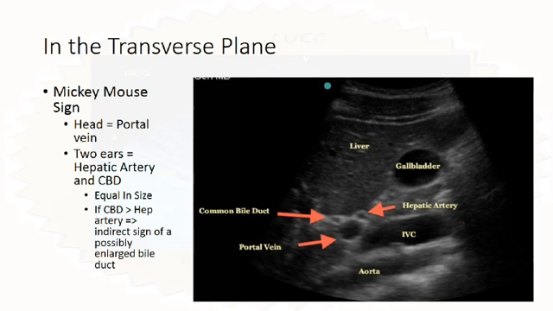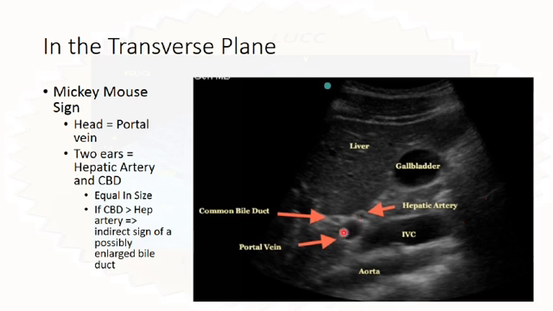Okay. Now, the same thing in the transverse plane. So rather than having it in a longitudinal axis, if you rotate the probe to face the 9 o'clock position, then you will be able to see what is called the Mickey Mouse sign. And here you see the same portal triad. You have the portal vein here. You have the hepatic artery.